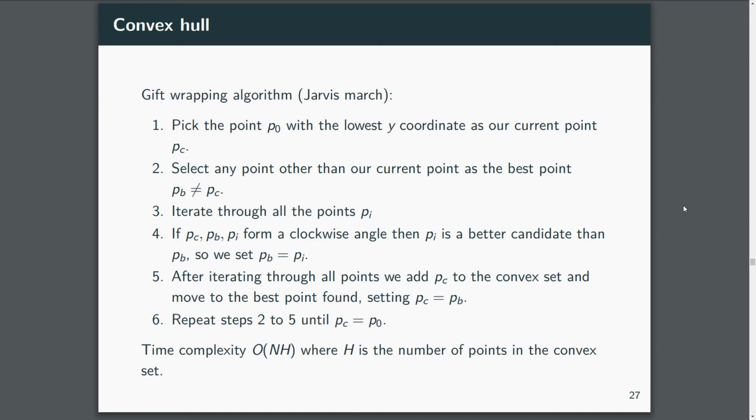This can sometimes be better than the O of n log n algorithm, but very rarely, because if you have a substantially large set, usually you have more than 20 points on the convex hull. However, this algorithm does have some advantages, which we will look at later.